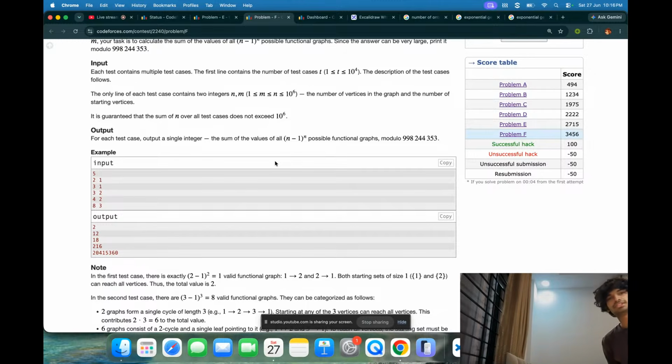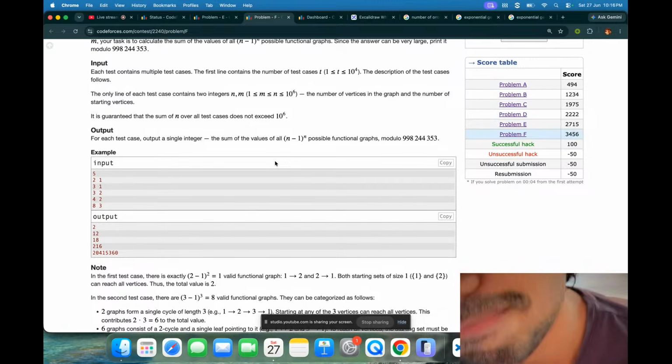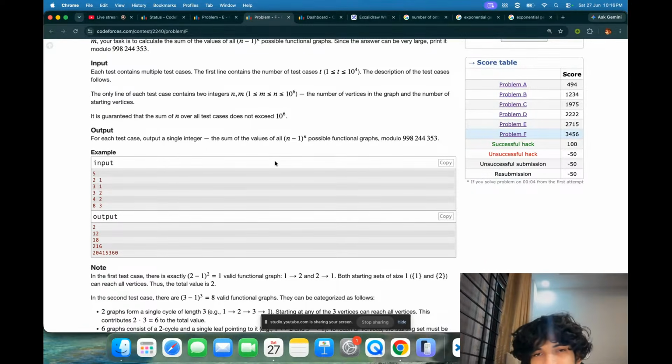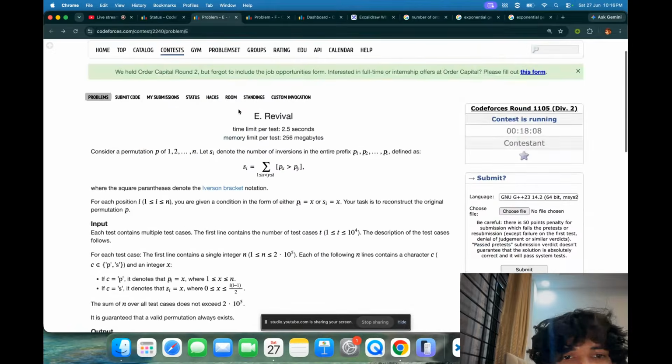I think I should have tried the other problem itself. Yeah, this is likely much harder than E. But can I get it? Maybe even after the contest, can I get this? Maybe this is easier.